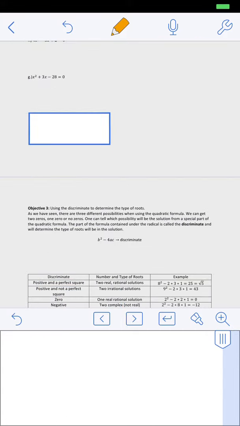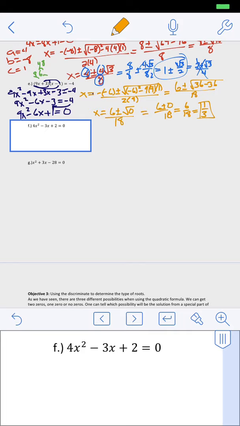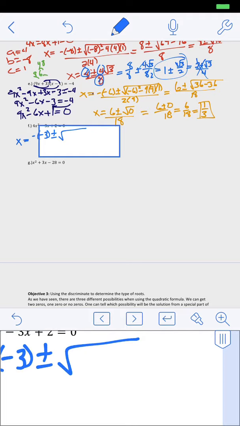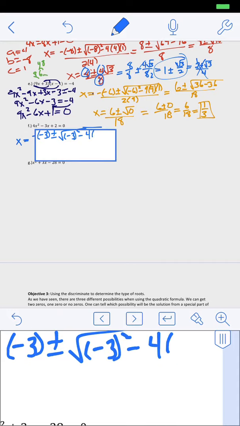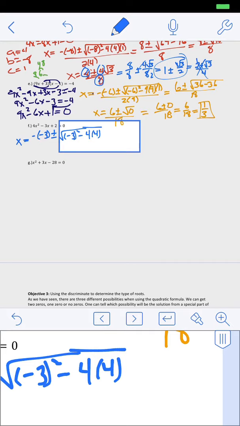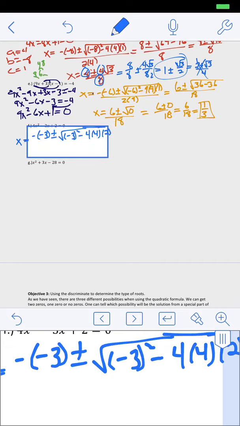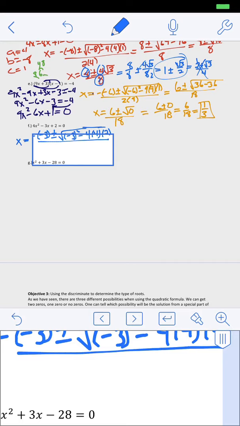Okay, 2 more. And then we'll talk about the discriminant. Okie doke. So I've got this one set up in a perfect order. Good. Sweet. Let's see what happens if we use the quadratic formula. So x is equal to minus b plus or minus the square root of b, -3, squared minus 4a, which is 4, c is 2, all over 2 times a is 4.